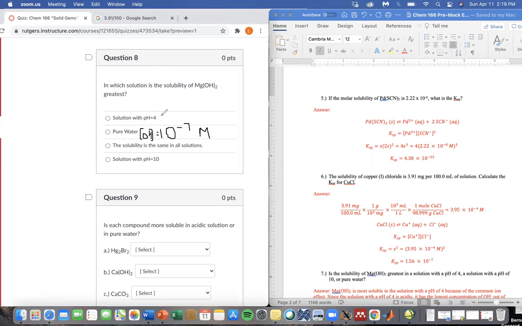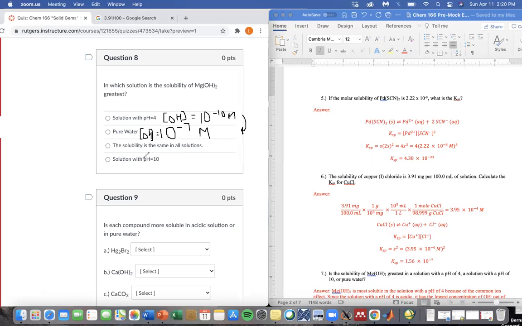But at a pH of 4, the OH minus concentration is going to be, I think it'd be 10 to the negative 10th molarity. So it would be less OH minus than in water.